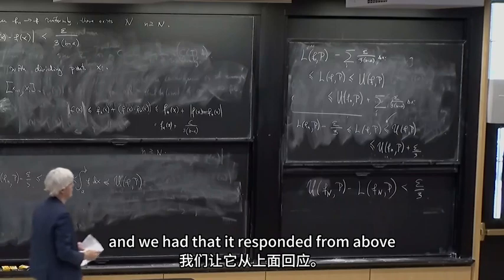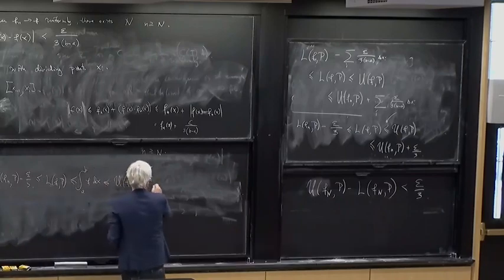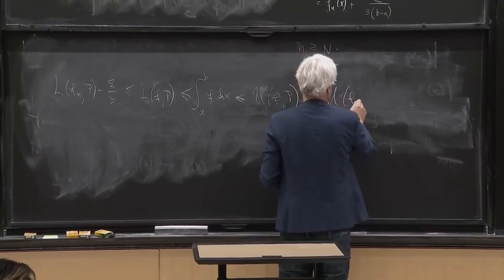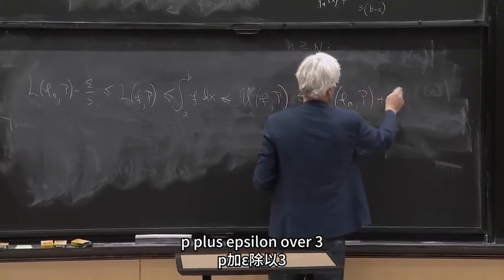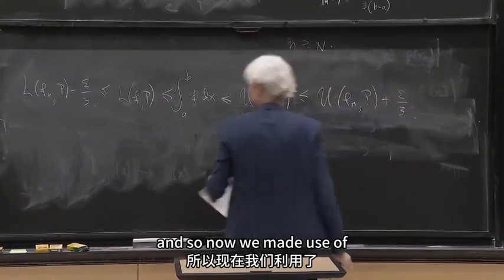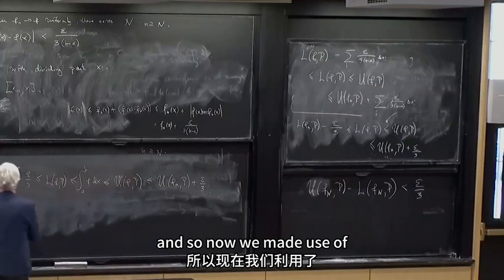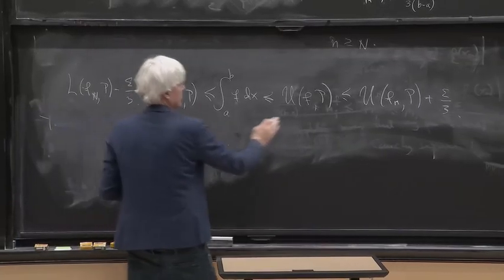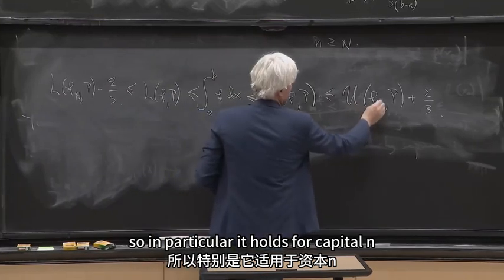And we had that it was bounded from above. So this is just this inequality, u Fn p plus epsilon over 3. And so we do this for this capital N. So in particular, it holds for capital N.